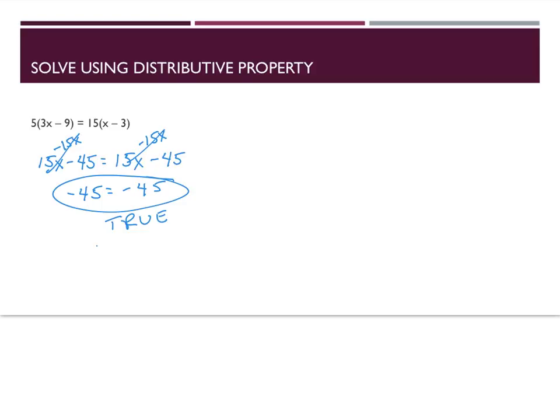If the statement is true, our equation is what we call an identity. An identity means everything works for x. So x doesn't equal one particular number. X is equal to all real numbers.